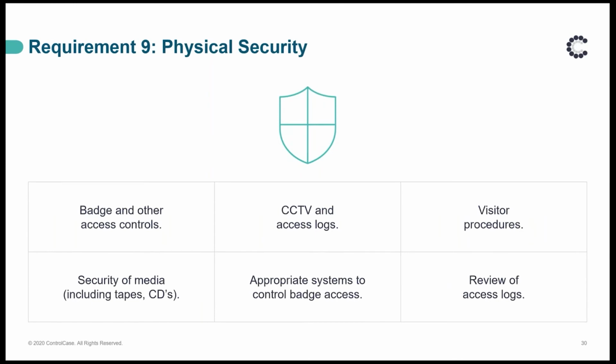Requirement number 9 is, again, access control, but from a physical perspective. So things like CCTVs, badge access, review of access logs, visitor procedures, things like that are covered in requirement number 9.